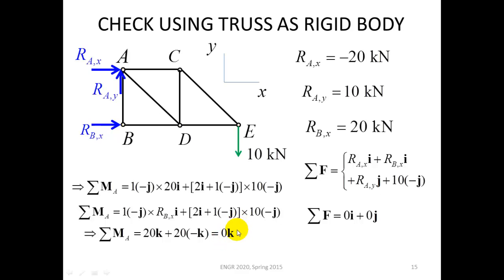Thus I verified that indeed the truss is in overall static equilibrium also.